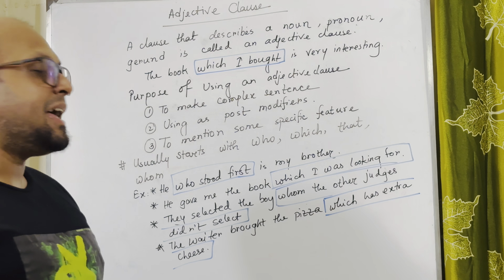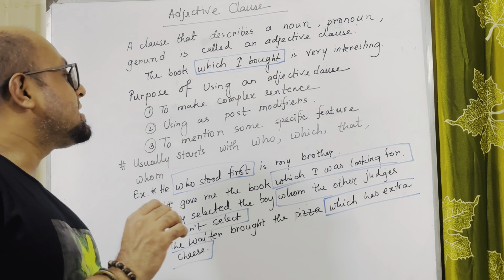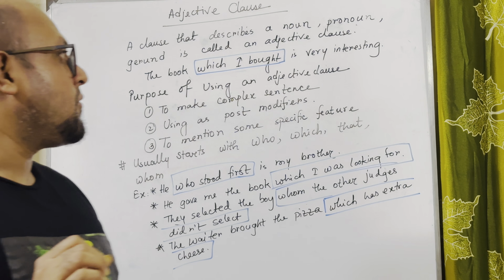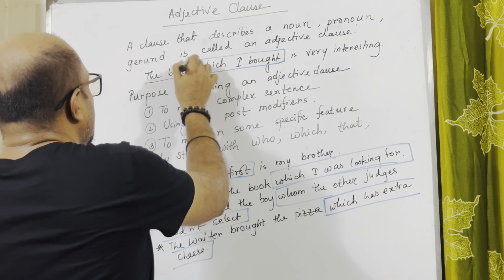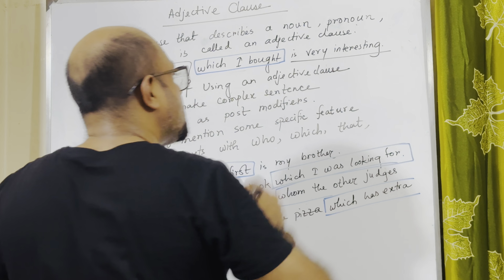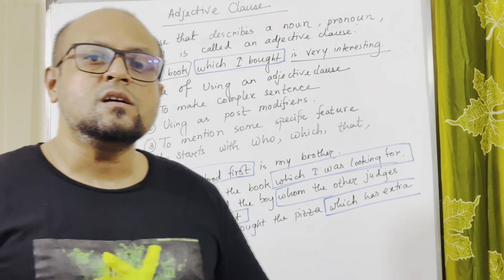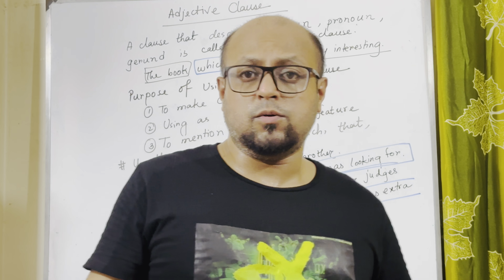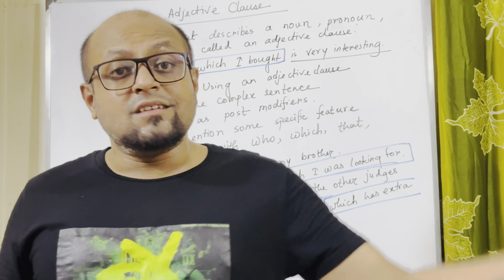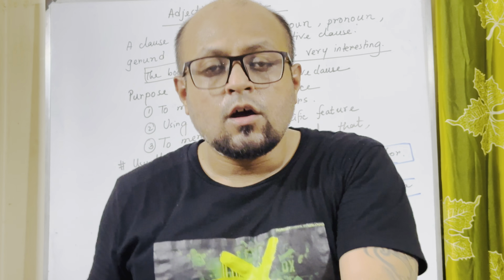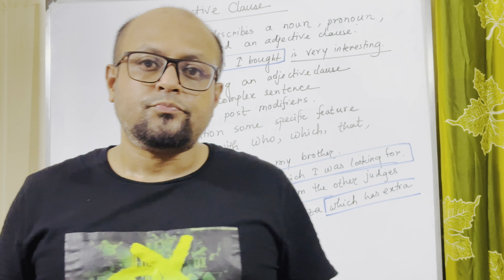The example is very interesting. The book which I bought is very interesting. Just think like this: the book is very interesting, but there are thousands of books in the bookshop, and I'm not talking about an ordinary book, nor all the books that you get in the bookshop.